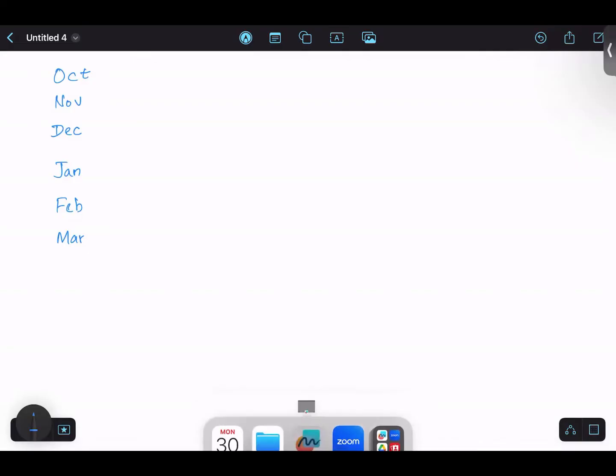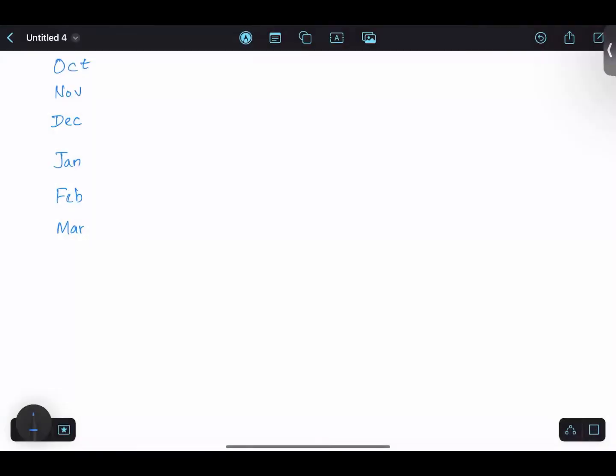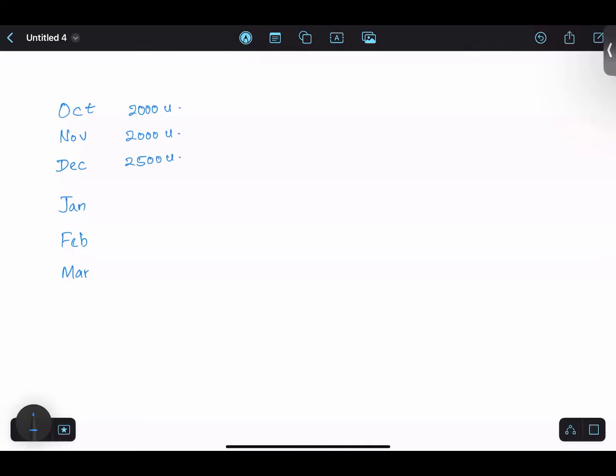If we look at the figures, for October 2000 units, for November 2000 units, for December 2500 units.